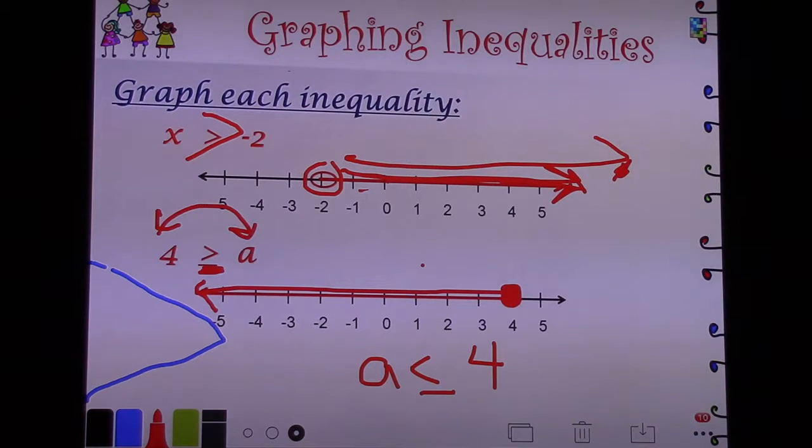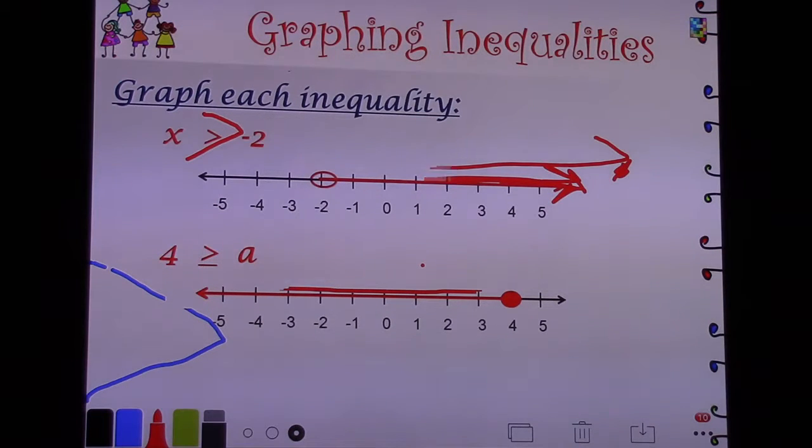So when we rewrite and put the variable first, that's what we end up with. And by convention, we want to write our inequalities as we do our equations. As with our equations, we write the variable first.